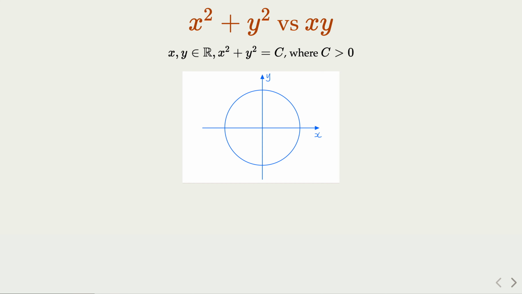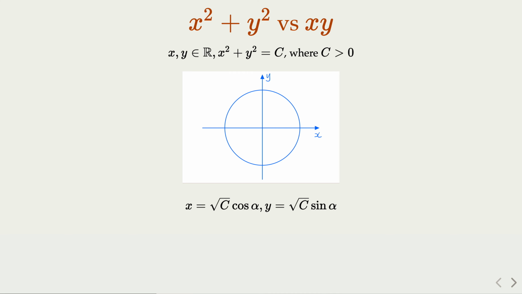This is another kind of extreme value problem. Basically it is asking, for all points on a circle, what are the maximum and minimum of the value x times y? Of course, one way of doing that is to use a parametric equation for a circle. We're going to use cosine alpha and sine alpha.